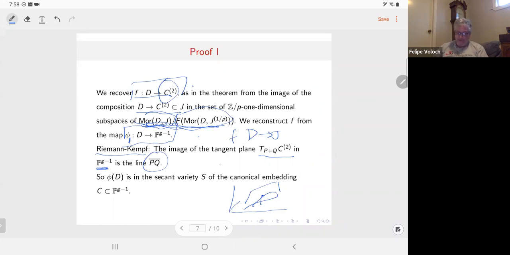Remember, the curve C lives in P^(g-1) by the canonical embedding. You have two points on the curve, so you have the line joining them. And this line is the image of the tangent plane of the symmetric square at the point P plus Q.